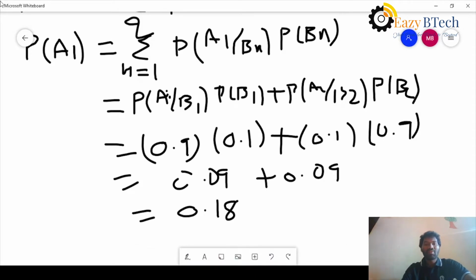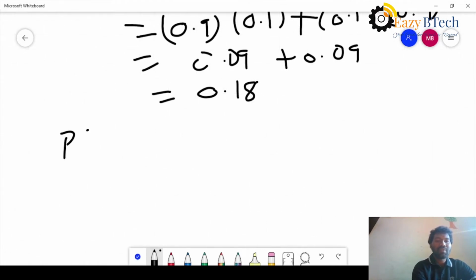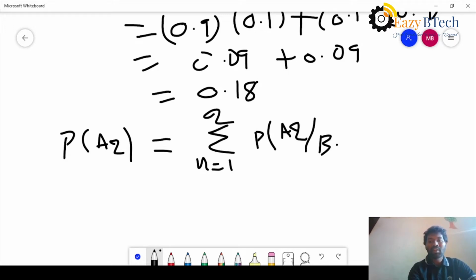So here, to find the probability of A, we use the total probability theorem. Similarly, the second one we have to find is P of A2. So for P of A2, similarly you can write, n equal to 1 to 2, from the total probability theorem, P of A2 given Bn into P of Bn.